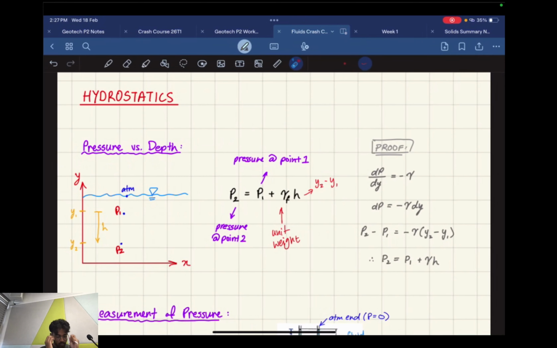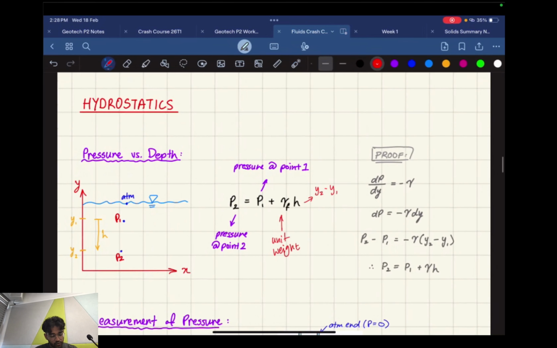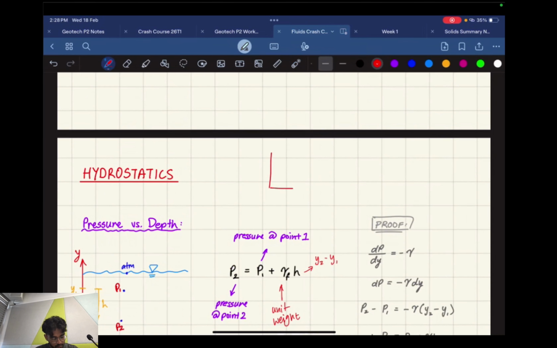So what we have is some formulas. A very general formula: let's say you have a pool of water. By the way, this triangle symbol denotes the top of the water. That's where the water starts, and then you go deeper.